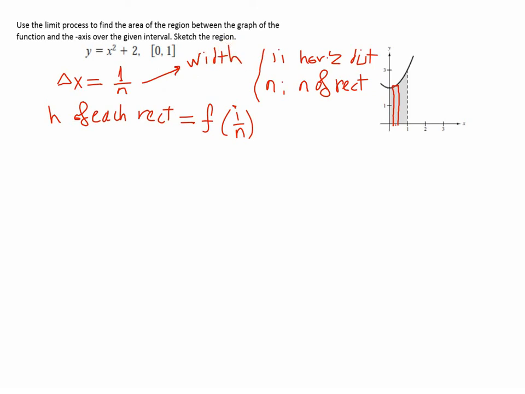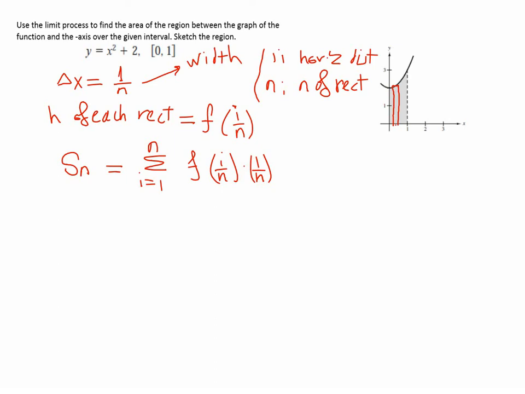Now, if I want to cover the whole area, I need to find the sum of these rectangles. So first of all, Sn, when we write Sn, we mean the sum of these rectangles, the sum of their areas, of course, equals sigma from i equals 1 to n of f of i over n, this is the height, times 1 over n, this is the width of each rectangle.